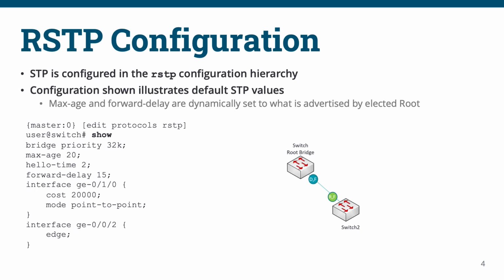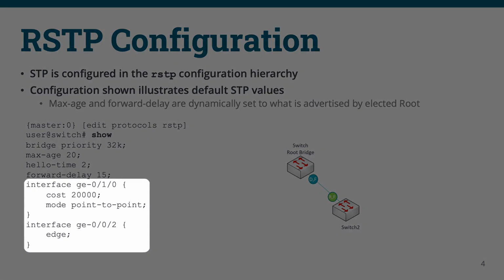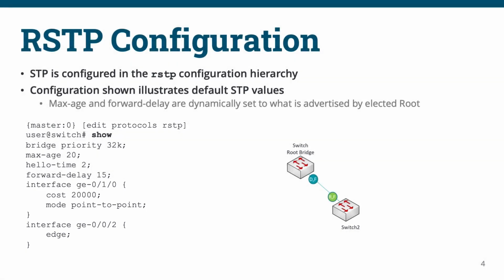To enable STP or RSTP on a port, simply configure the port like here, under the edit protocols RSTP configuration hierarchy. It's possible to configure interface all in Junos to enable STP or RSTP on all interfaces by default, which is generally good practice.